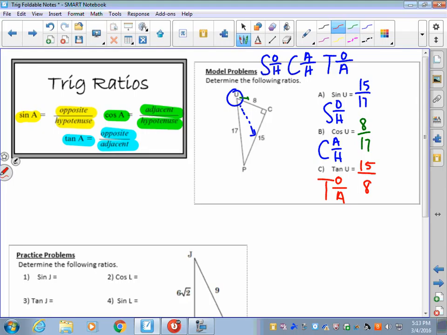Now let's look at the very first one. We have sine of U equals 15 over 17. The sine of some angle is equal to 15 over 17. So to find the angle, and I talked about this, and we're going to see it again on the third tab, you're going to have to take the trig inverse to get the measure of the angle.